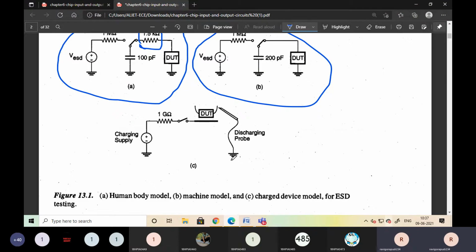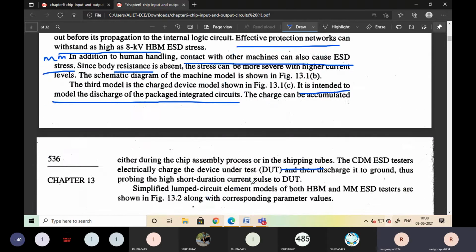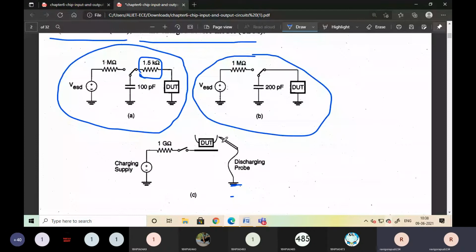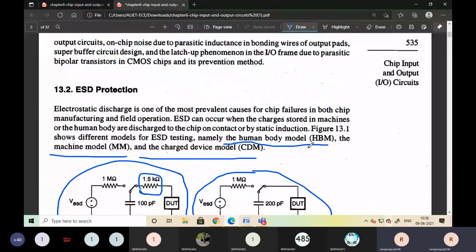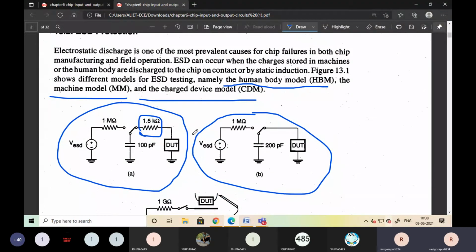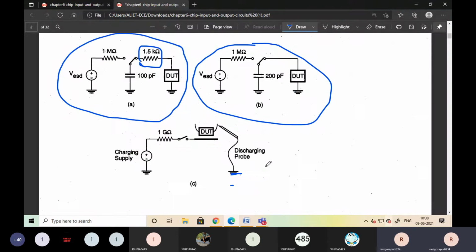Whatever the ESD may be, it can be discharged to ground by using this discharging probe. These are the three models: the human body model, the machine model, and third one is the charged device model. Because of these three models, there may be some ESD stress, which can be avoided by using these three networks.